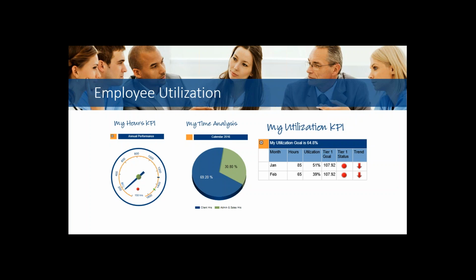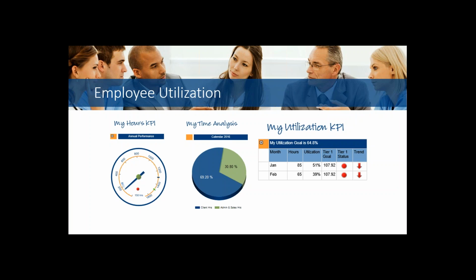I can create these charts and graphs that allow me to highlight certain key performance indicators. So in our example here, the first one just provides an annual goal. It's kind of an odometer type of graph that shows where this person is compared to their overall goal.